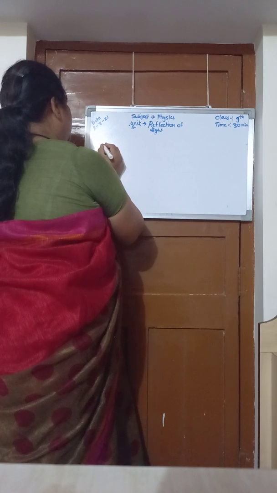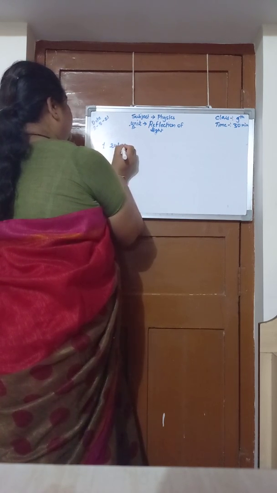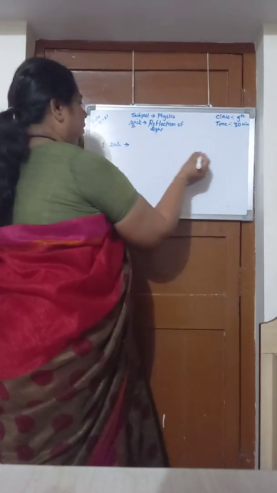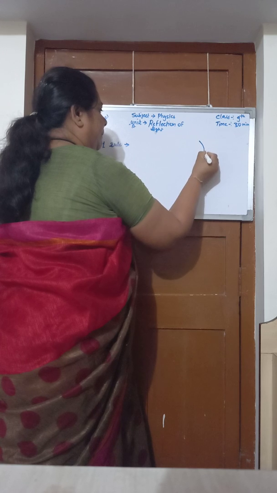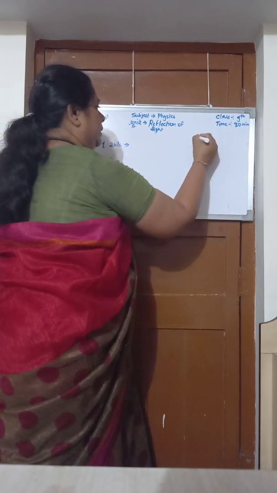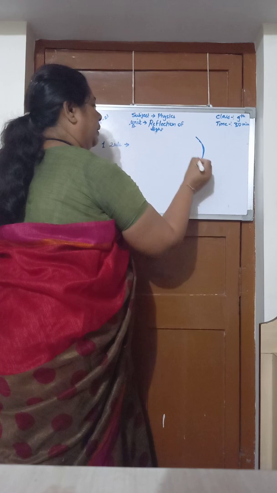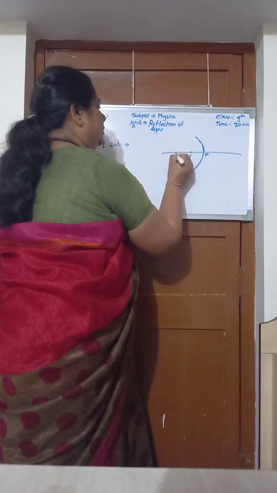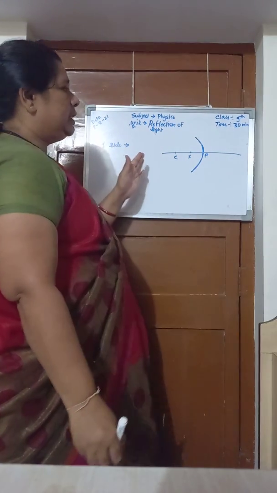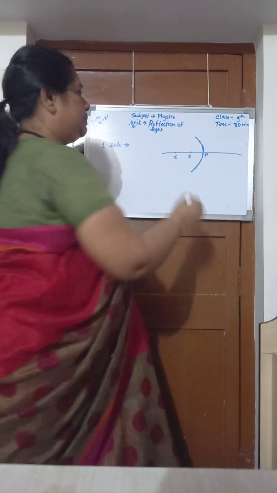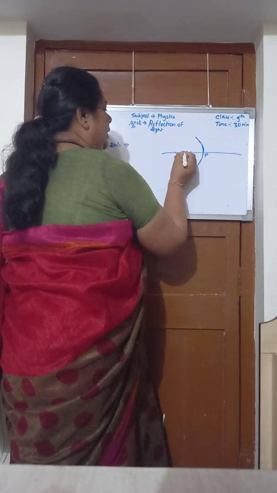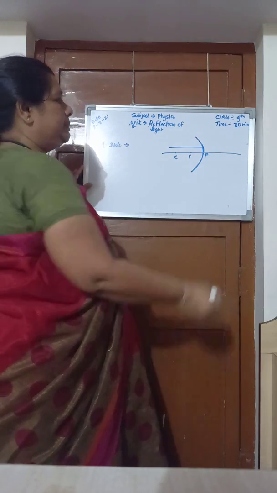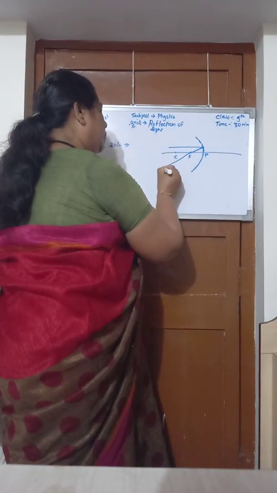In the first case, first rule. This is the mirror. This is the principal axis. This is P, F, C. When the incident rays are parallel to the principal axis, then the reflecting rays pass through the principal focus.